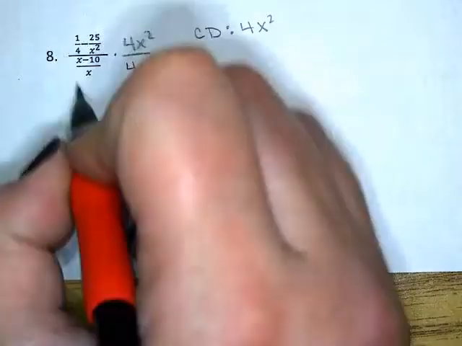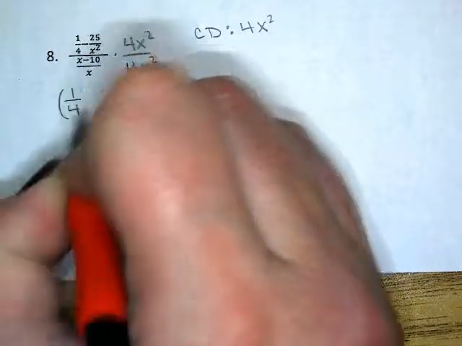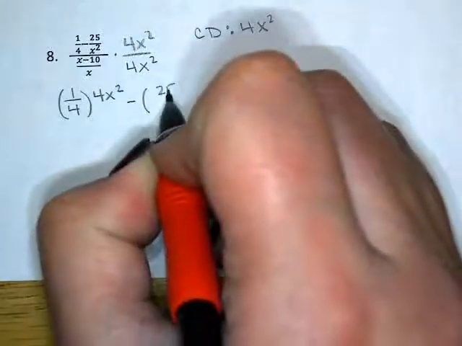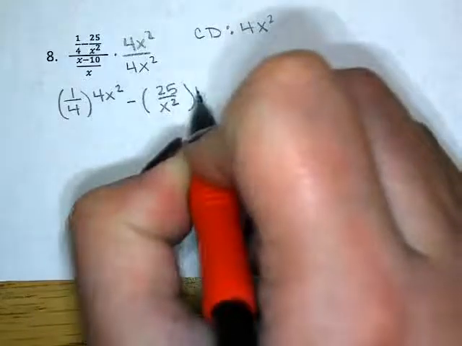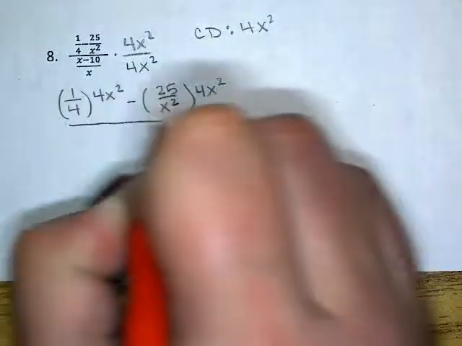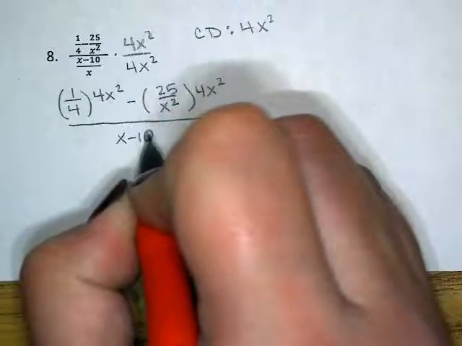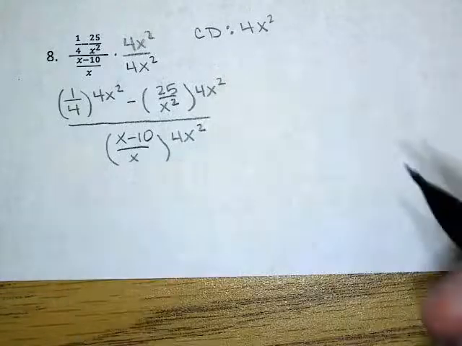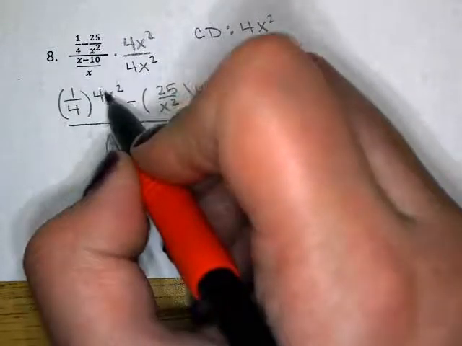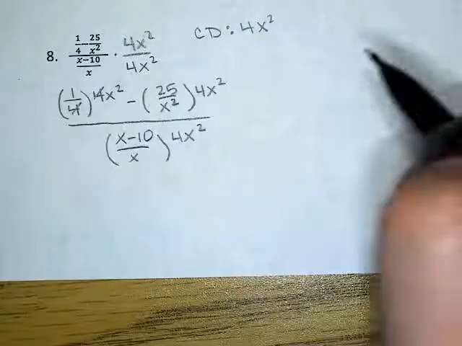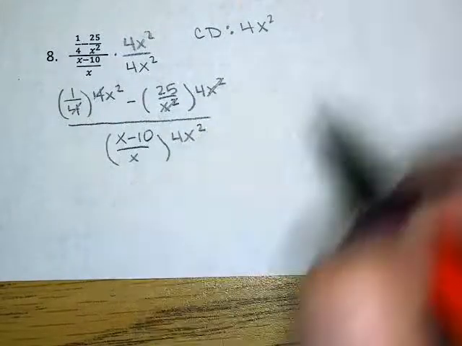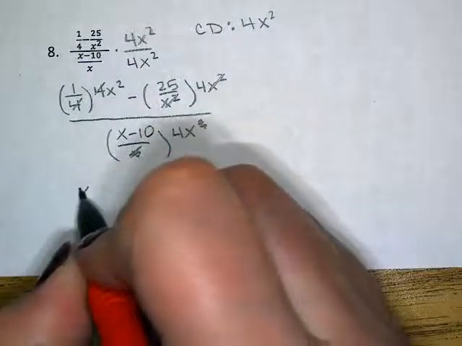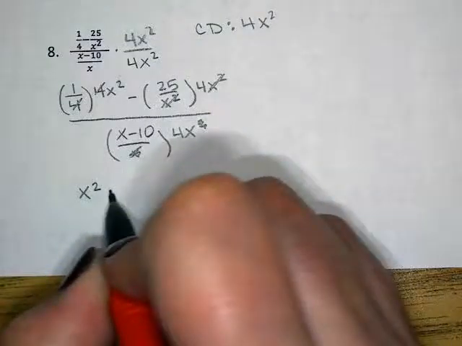Okay, and so we've got 1 over 4x squared, minus 25 over x squared times 4x squared, x minus 10 over x times 4x squared. Am I good so far? You guys tell me if I make a typo. The x squareds cancel, and x cancels. So I have x squared minus 100.